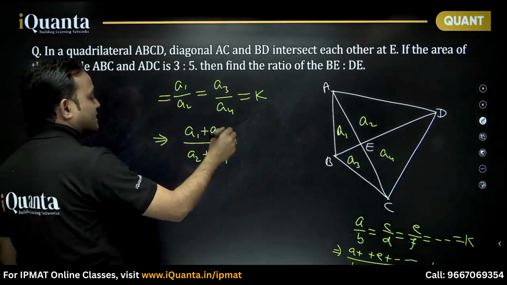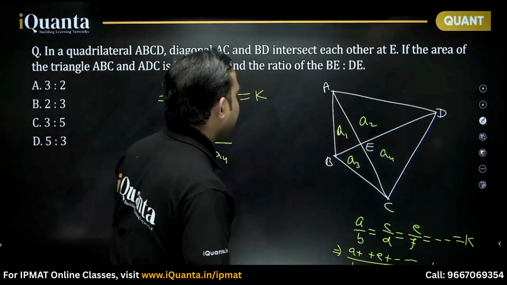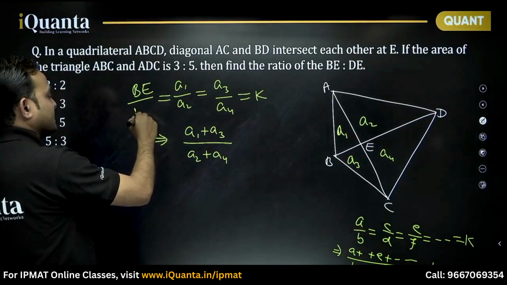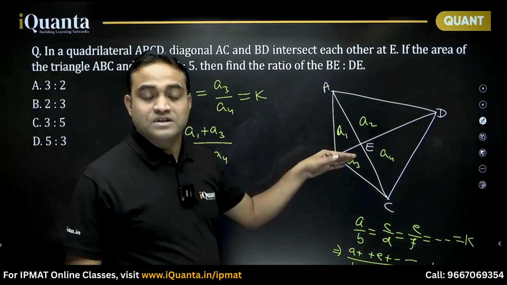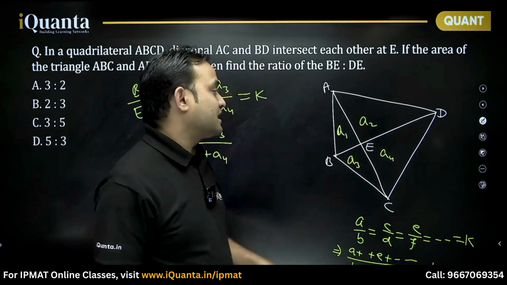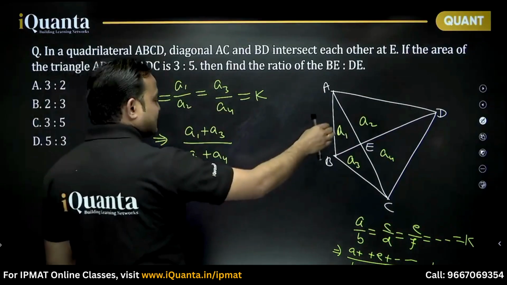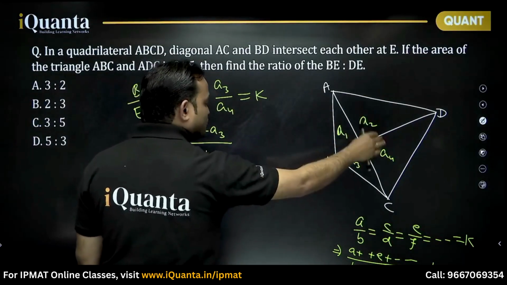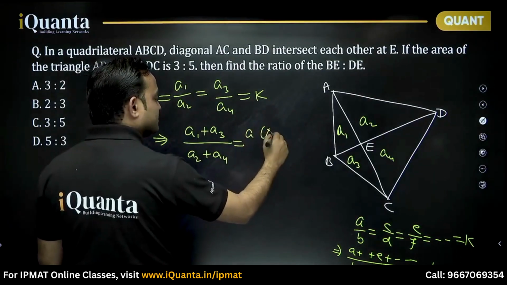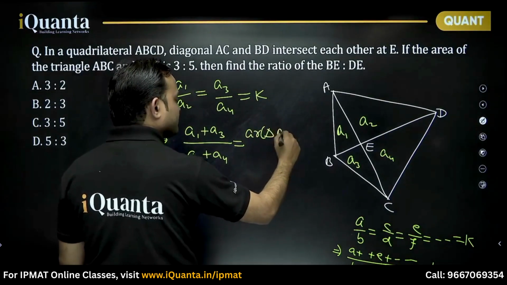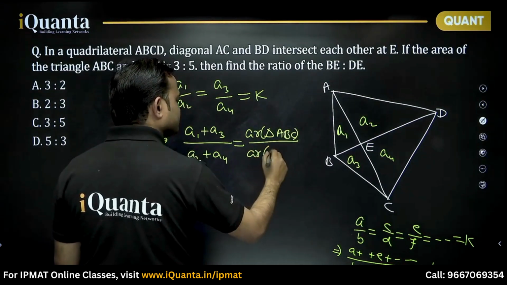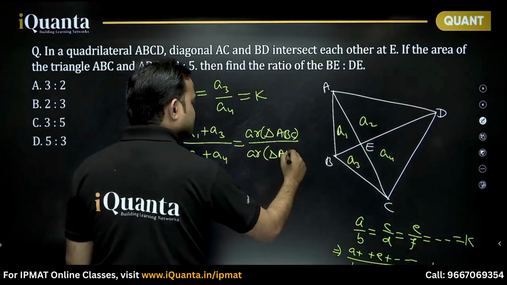And see, this value A1 upon A2 is nothing but BE upon EC, right? Because in any triangle, the ratio of the bases is the same as the ratio of their corresponding areas of the triangles. So A1 plus A3 upon A2 plus A4 is nothing but the area of triangle ABC divided by the area of triangle ADC, and that is given.